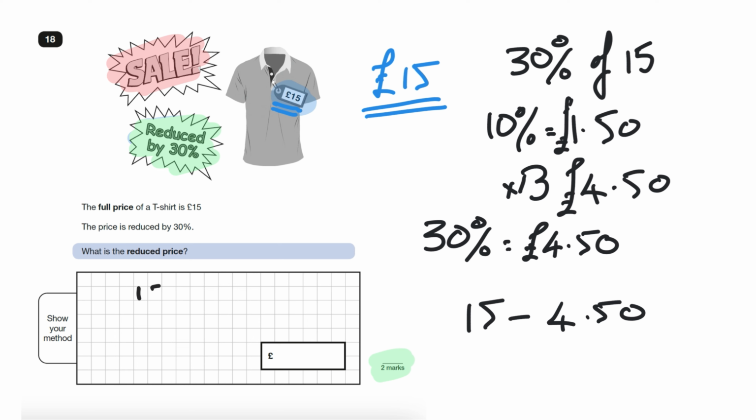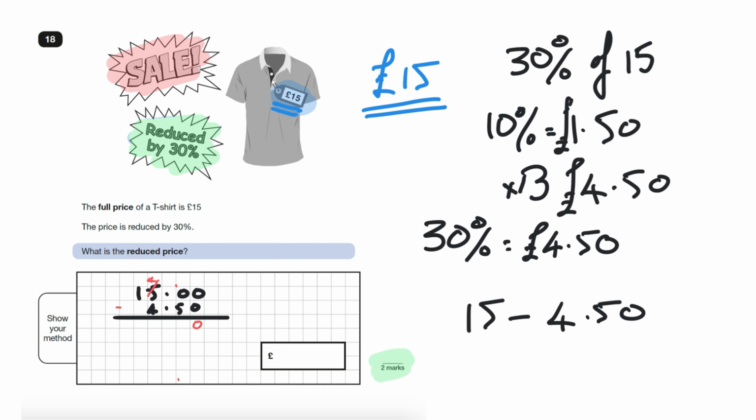We've got 15, take away £4.50. And again, my pencil's a little bit thick, which doesn't help, but I'll do it anyway just to show you. Now at this point, I'll just make my pencil slightly smaller. We can do our subtraction. So 0 take away 0, well, we're just left with 0. 0 take away 5, we can't do that, so we're going to need to exchange.